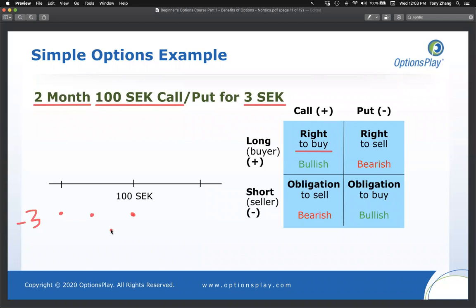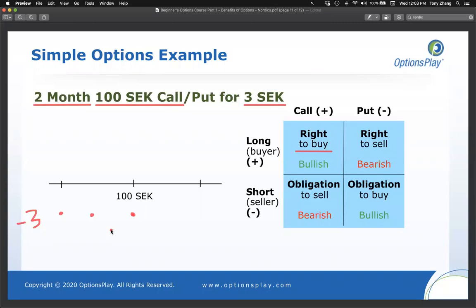So now let's say what happens if the stock goes higher. Let's say the stock two months from today is now worth 103. Now, guess what? It makes sense for me to buy the stock for 100 crowns because it's worth $103. Why wouldn't I do that? It's basically free money. I can buy something from the seller for 100 crowns and immediately sell it on the open market for 103 and realize a 3 crown profit.